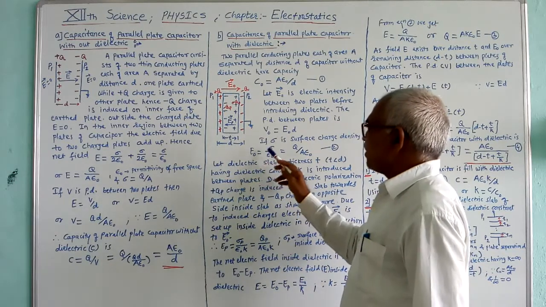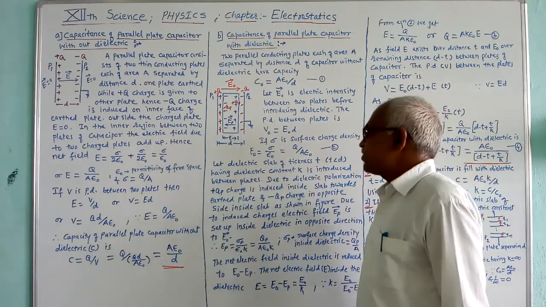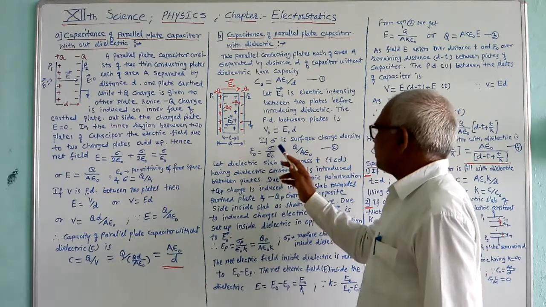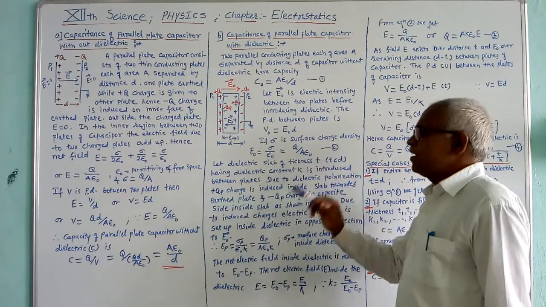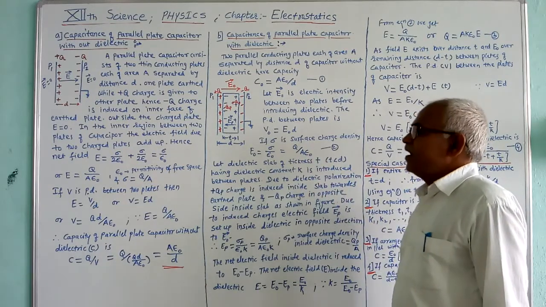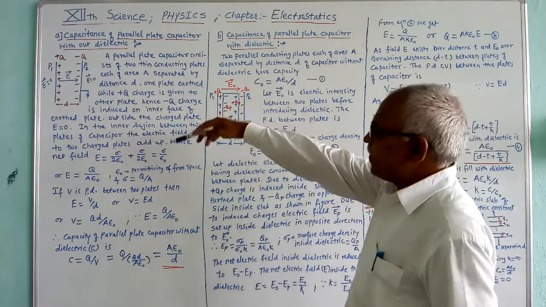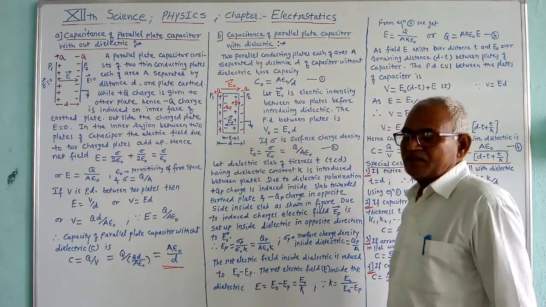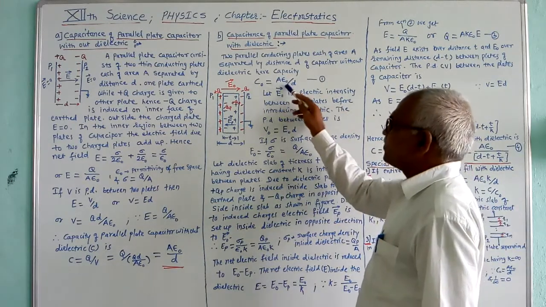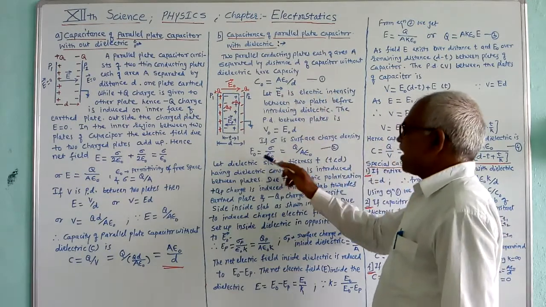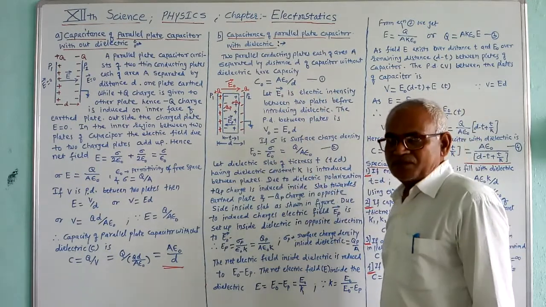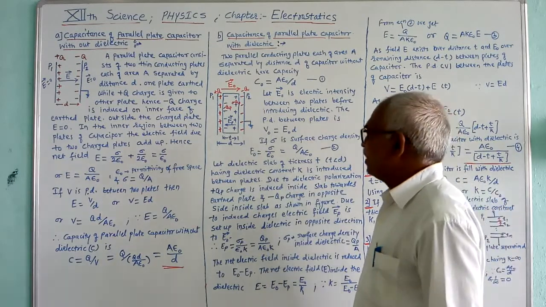Then E0 is equal to sigma upon epsilon 0, and as sigma is equal to Q by A, that means E0 is equal to Q upon A epsilon 0. And if C0 is its capacity, then it is equal to A epsilon 0 upon d. Let us call this equation number 1 and this equation number 2.